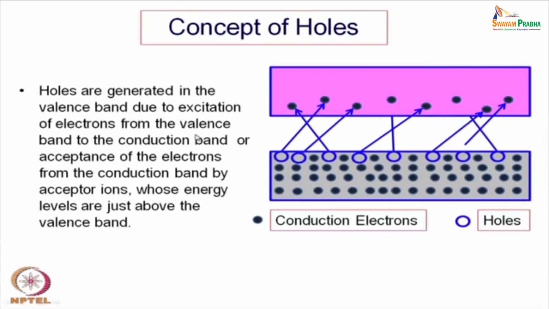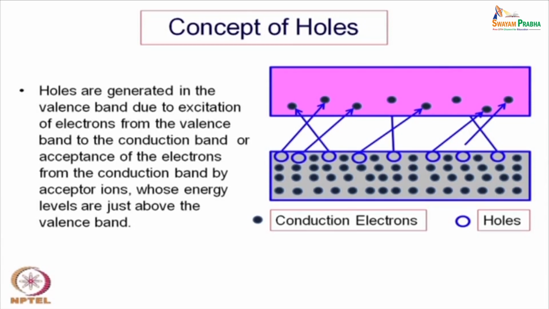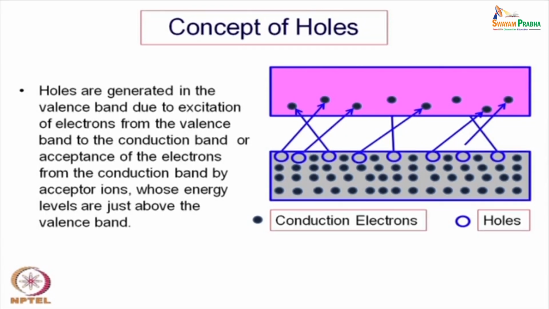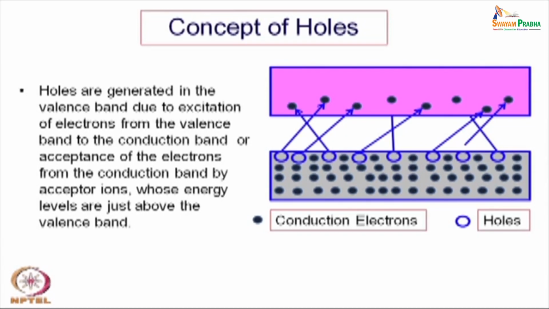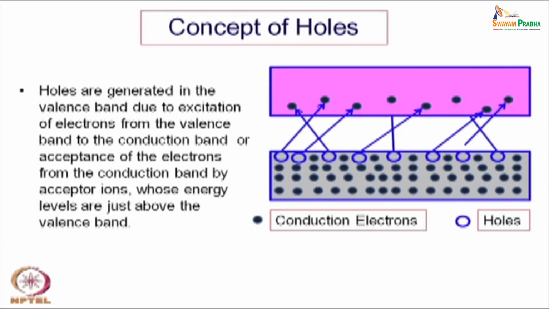So, in any semiconducting material where there is a band gap and there is an excitation of the electrons from the valency band to the conduction band, holes will be created, and holes are almost equivalent to the electrons, except that they have a positive charge rather than a negative charge as in the case of electrons.